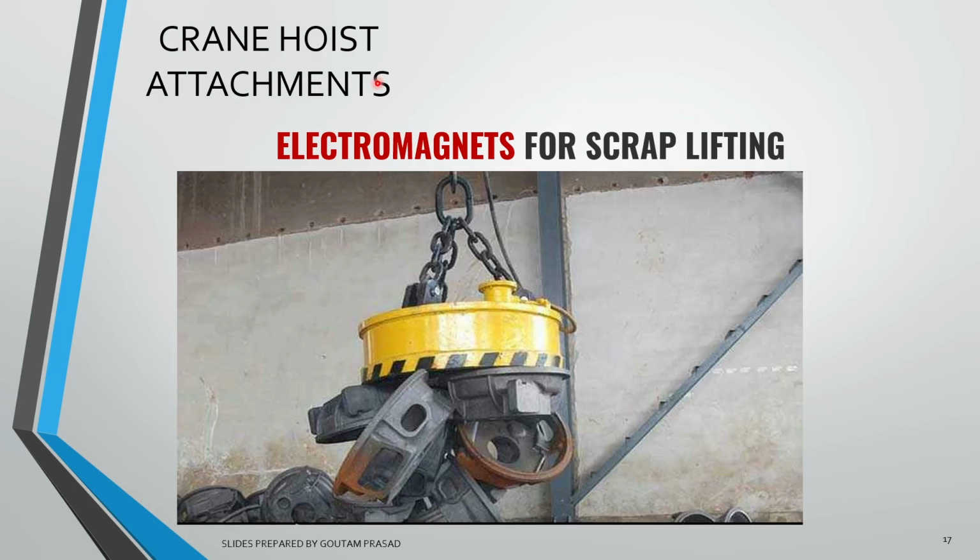Here, I have tried to show you an electromagnet, basically holding some scrap material. When this electromagnet is powered, it lifts the scrap material. Otherwise, this type of scrap material is very difficult to lift. So for this type of lifting requirement, electromagnets are best suited, and this is basically a round magnet.